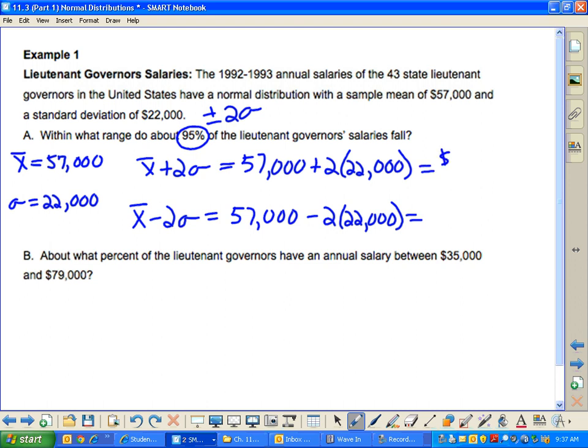The upper boundary is going to be the lieutenant governor that makes, what is that, 57 and 44, $101,000. Did I get it right? Cool. And then $57,000 minus $44,000.